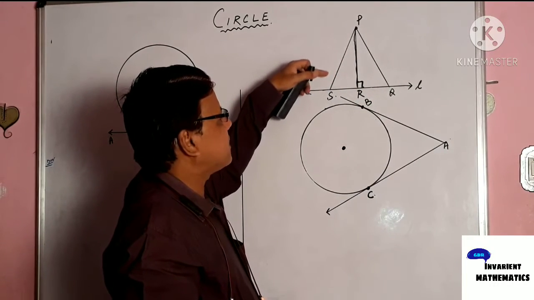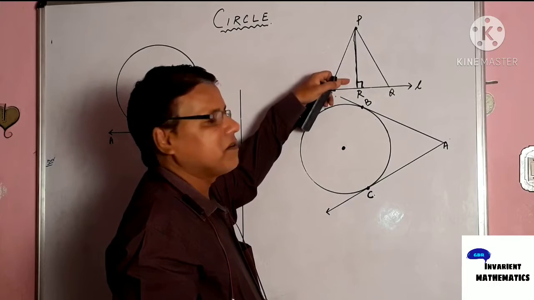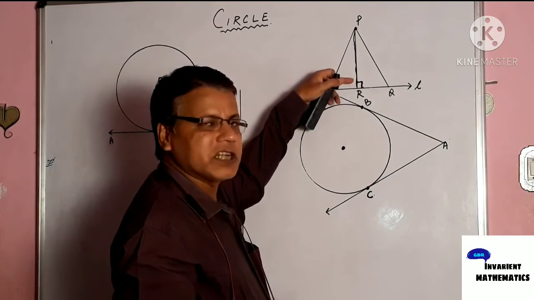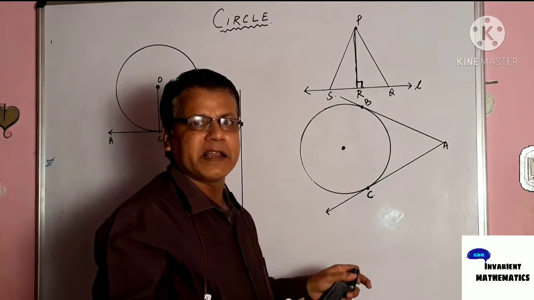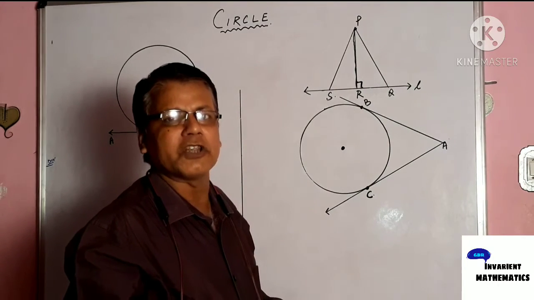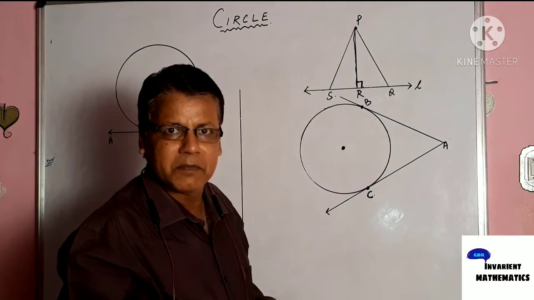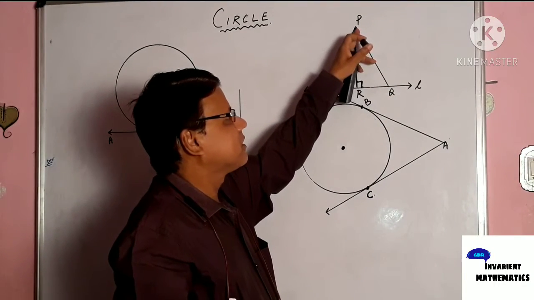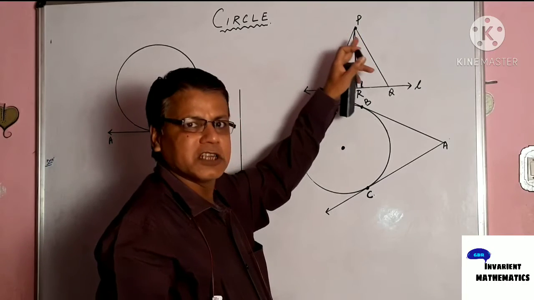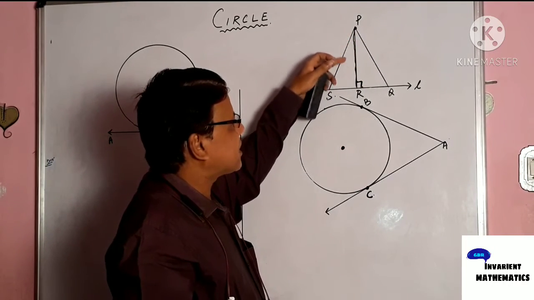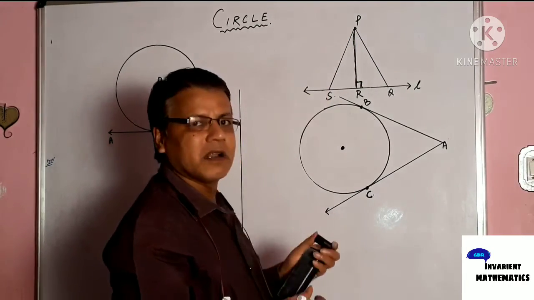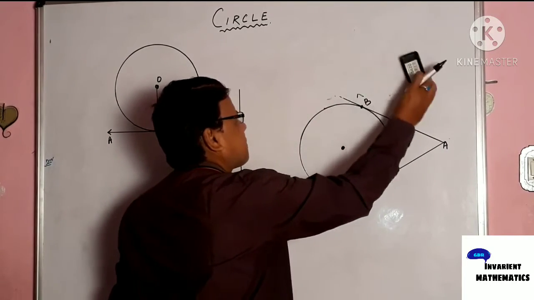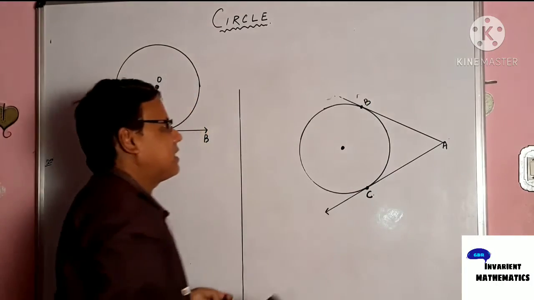Like that, PS is also greater than PR. So PR is the shortest distance between the line L and the point P, which is the perpendicular distance between them. So the distance between a line and a point is the perpendicular distance between the point and the line. So this is the concept, what is the distance between a point and a line.